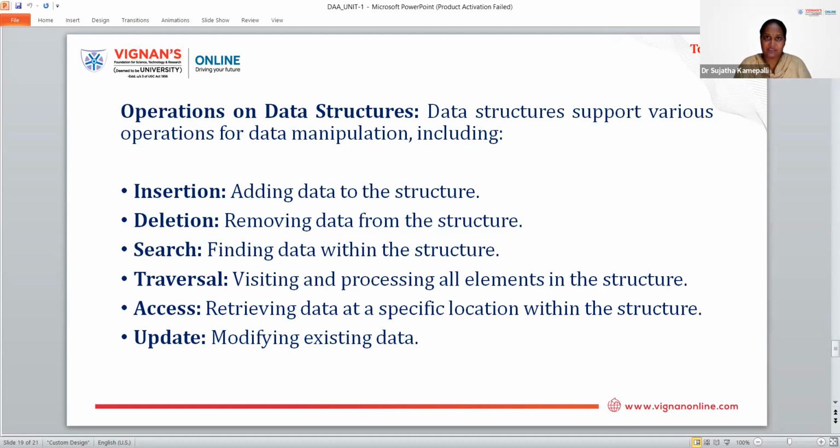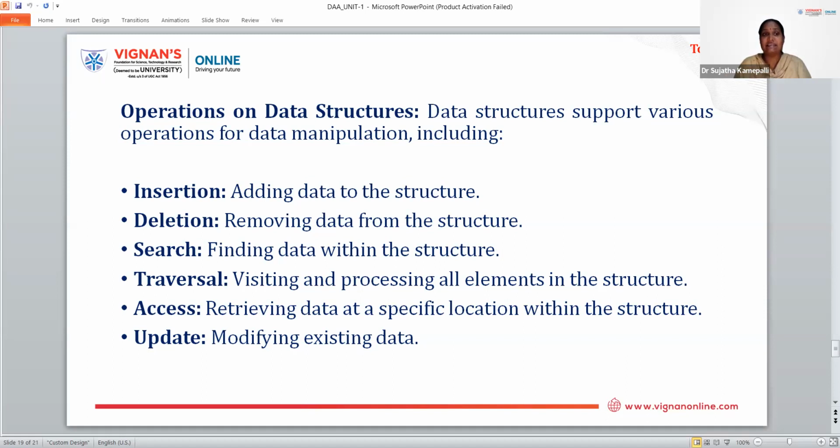From the names itself, it is clear that insertion means adding data to the particular data structure. Deletion means removing data from the data structure. Searching means finding the data within the data structure, whether the data is present or not. Traversal means visiting and processing all the data elements present in that structure.